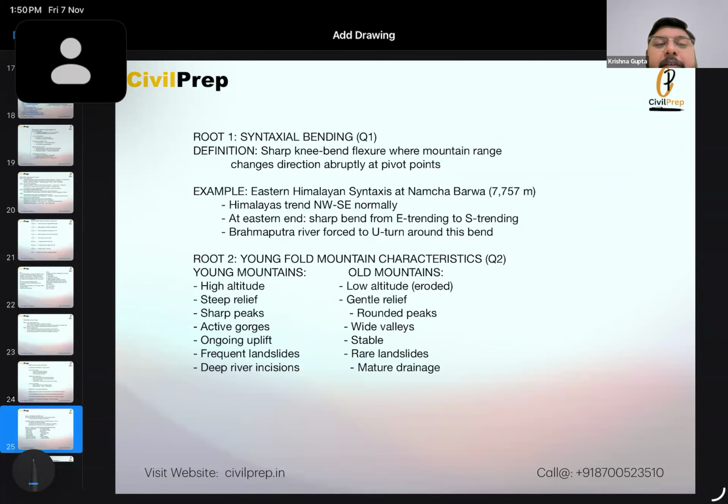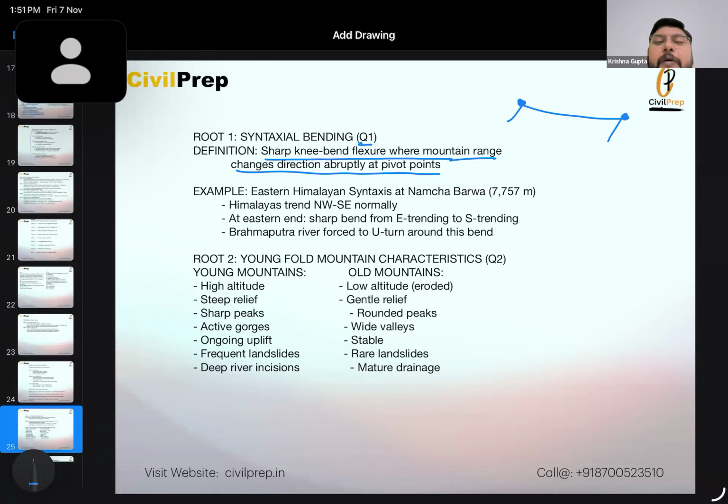Now, under root one, that is question one, the sharp knee bend flexure is where a mountain range changes direction abruptly at pivot points. For example, towards the northwest point and towards the northeast point.